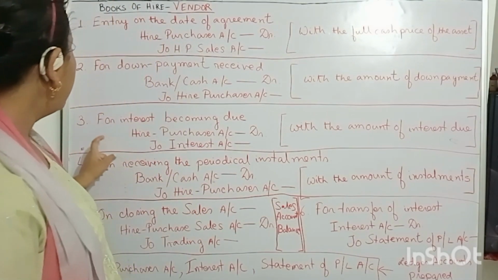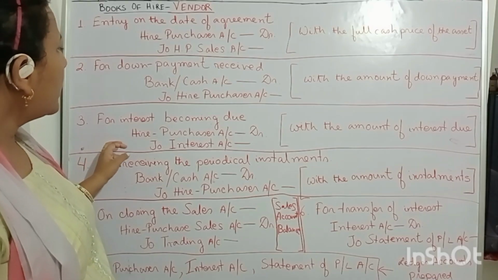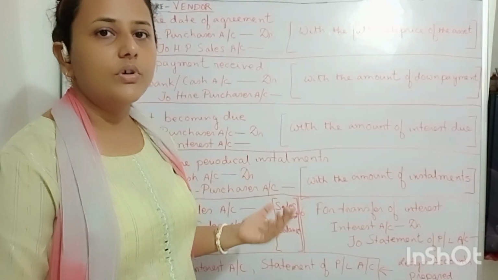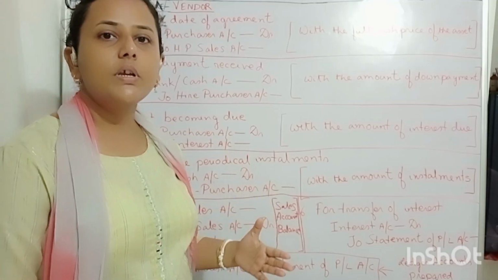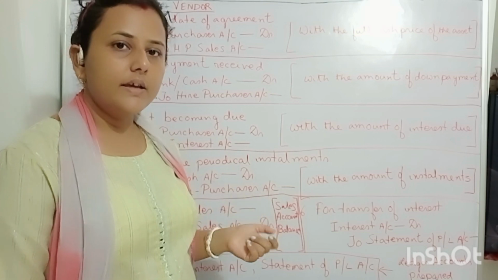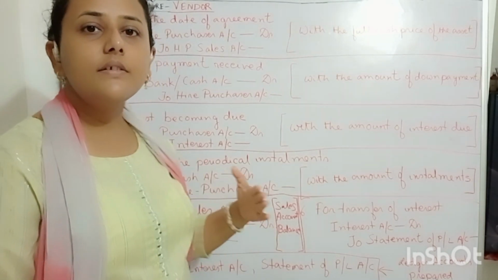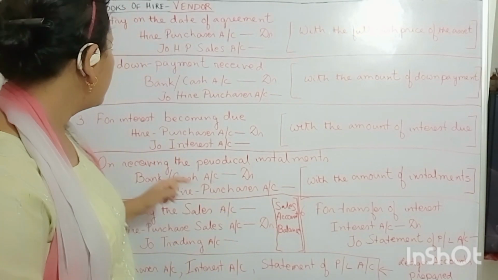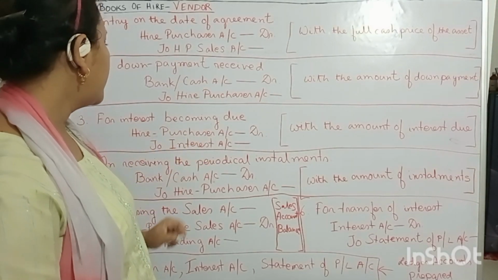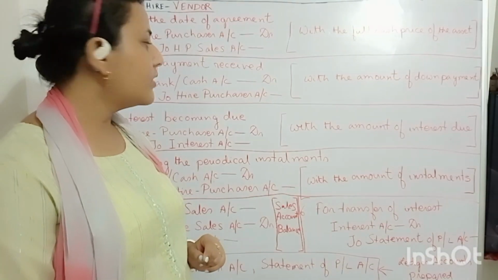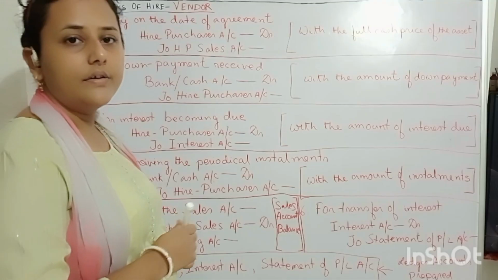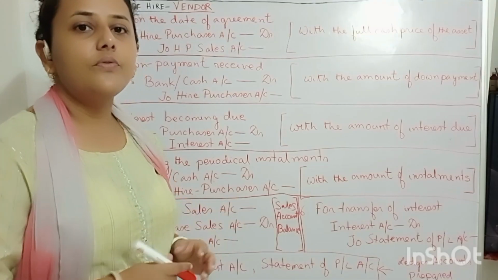Then at the end of the first year, if the periodical installments are made on a yearly basis, for interest becoming due, hire purchaser account is debited to interest account. Here hire purchaser becomes an asset for the hire vendor with the amount of interest.